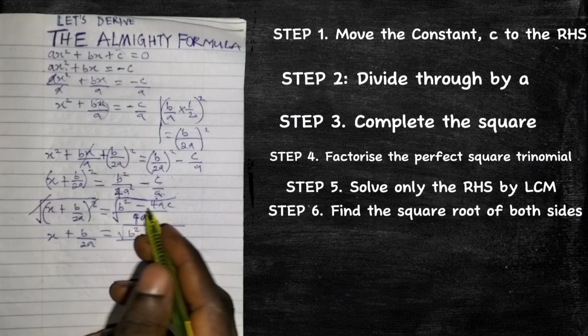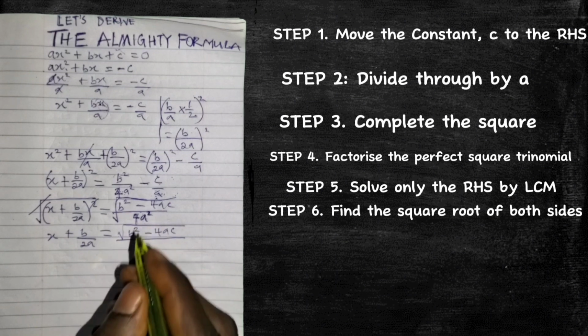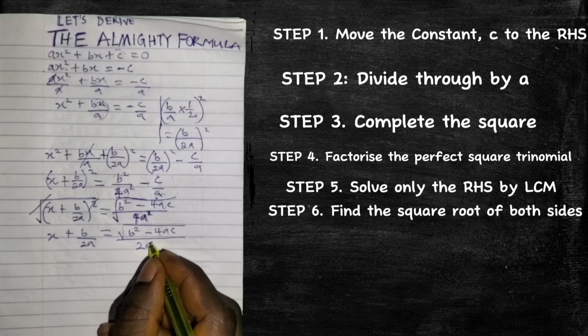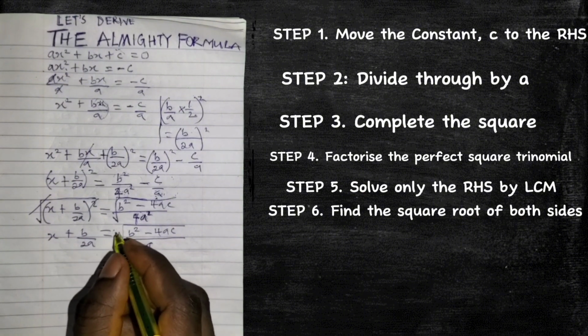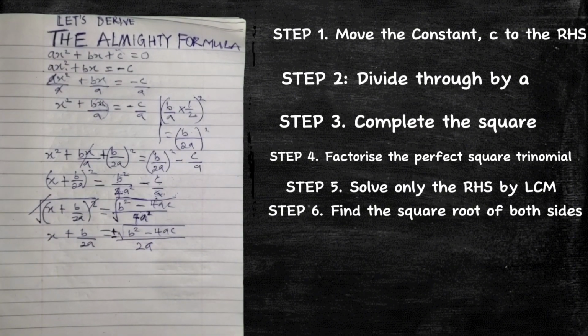The square root sign belongs to both the numerator and the denominator. So we have square root of 4, which gives us 2, and square root of a squared, which gives us a. Finally, take note that this will give us a plus or minus sign. Anytime you find a square root, know that it can be either positive or negative.